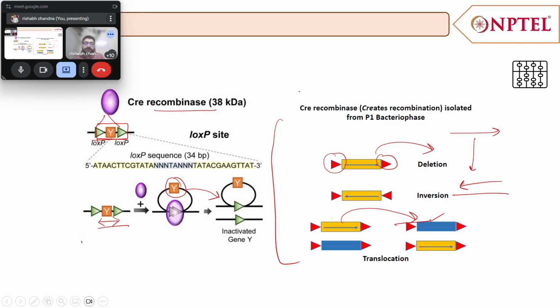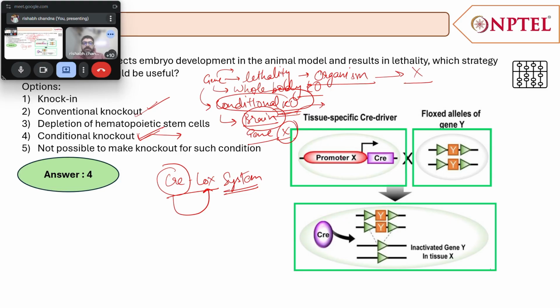Now, how have we exploited it for the conditional knockout system? If there is a Y gene that needs to be knocked out in the brain, for example, we generate a mouse strain that has LoxP sites around this gene Y, and this is generated as a whole body thing.